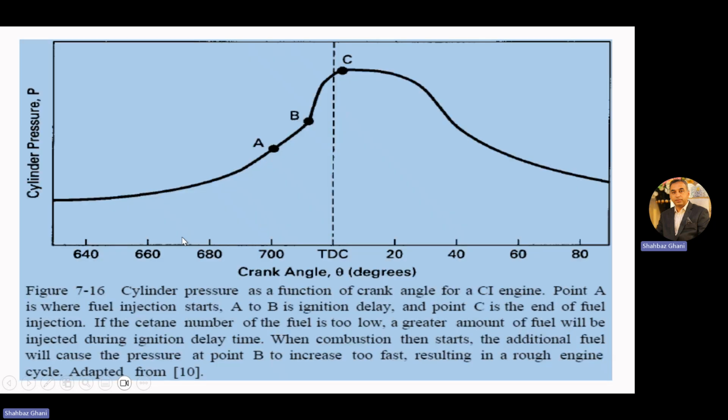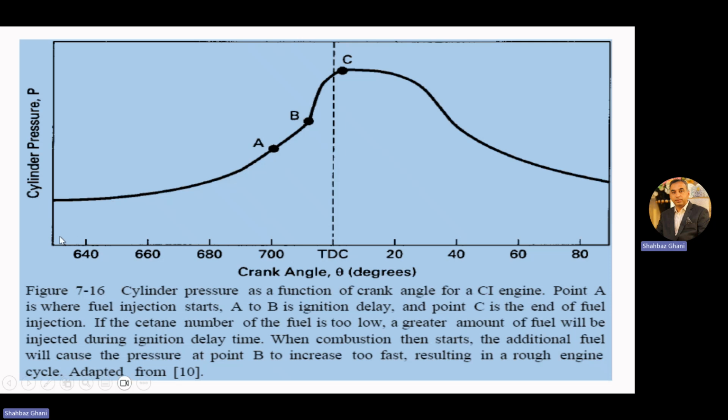Let's see figure 7-16, cylinder pressure as a function of crank angle for a CI engine. On your x-axis we have the crank angle and on your y-axis we have the cylinder pressure. Point A is where fuel injection starts. It is 15 degrees before TDC, as we standardly take.